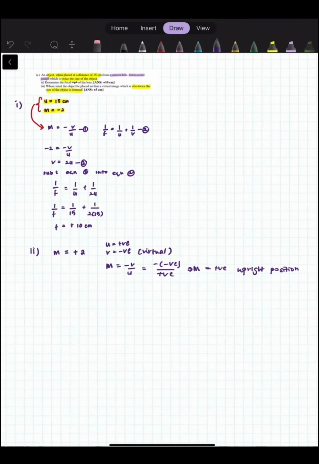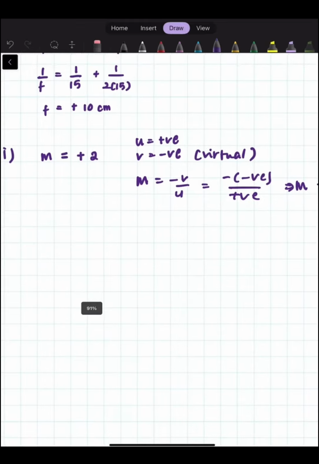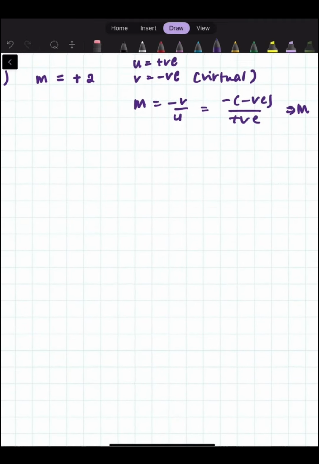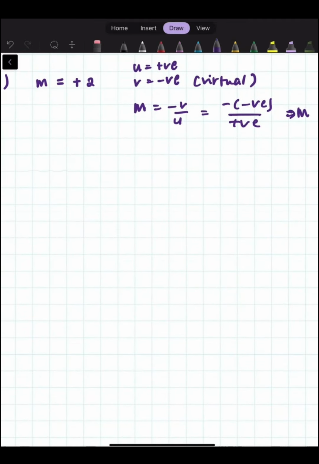Okay, now let's answer the question. So again, we're going to use two different equations, which is the magnification equation, first equation, and the lens equation, second equation.